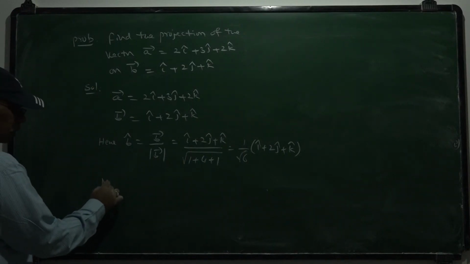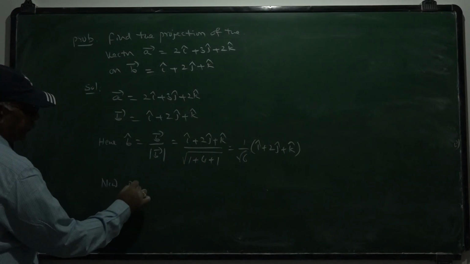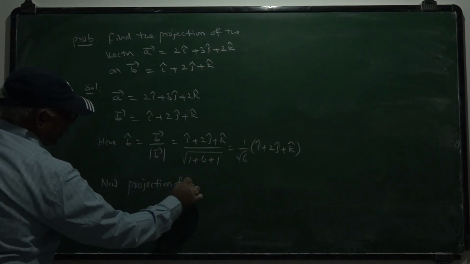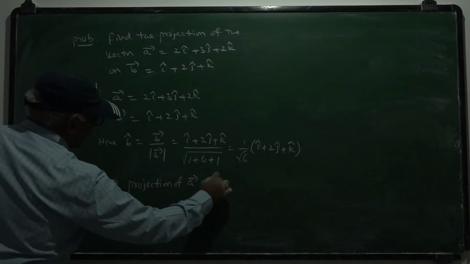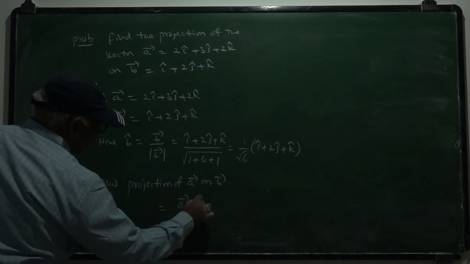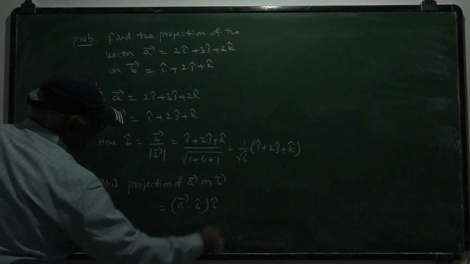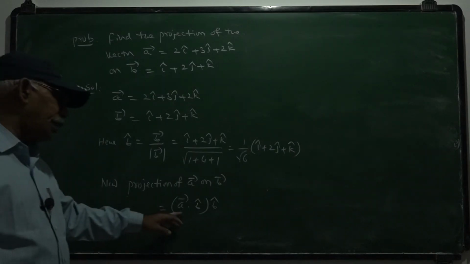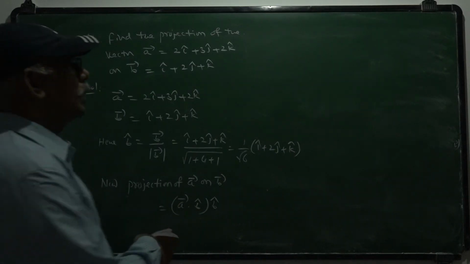Now, the projection of a bar on b bar is a dot b cap multiplied by b cap. This is our formula. Projection of a bar on b bar is a bar dot b cap multiplied by b cap.